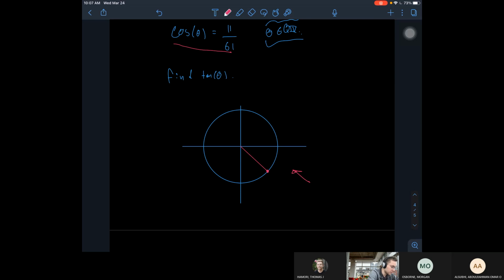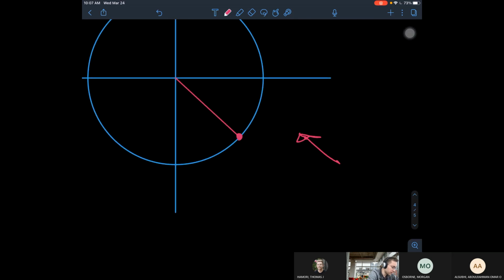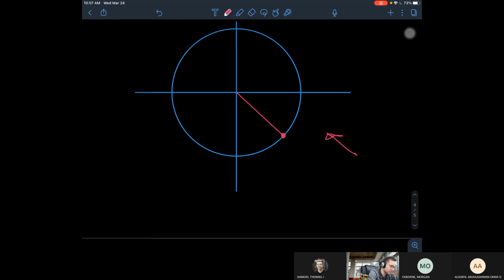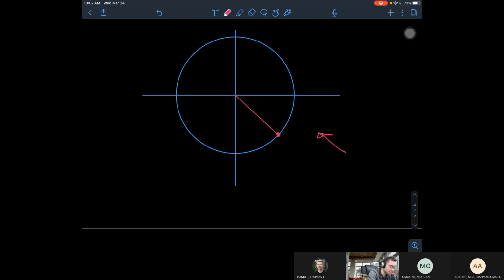Radius? Sure, we could do the radius. What should the radius be? The radius would be this distance from here to here, or if you want, this distance from here to here. What do we think?